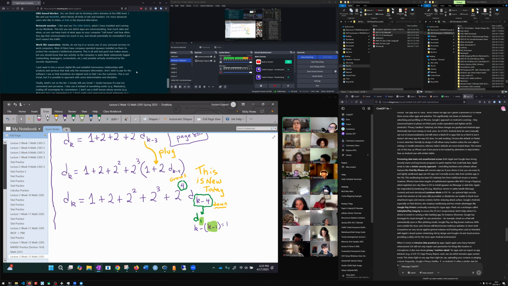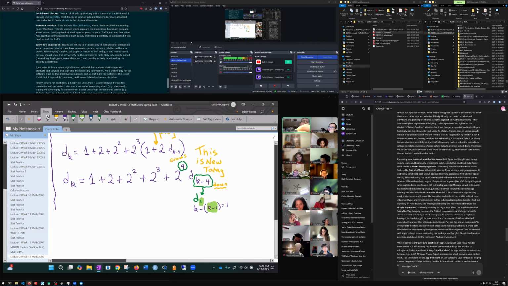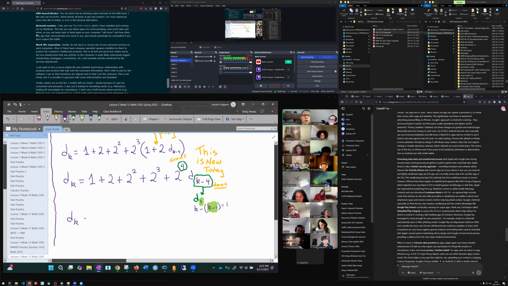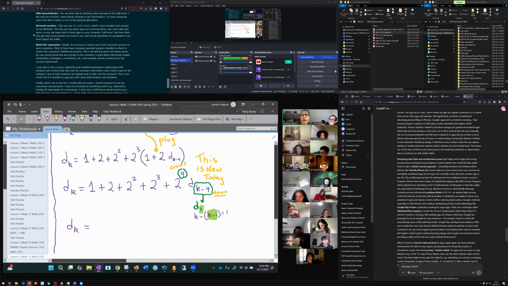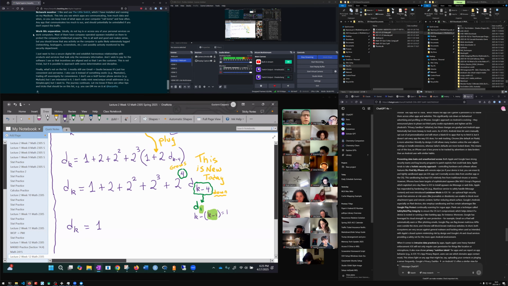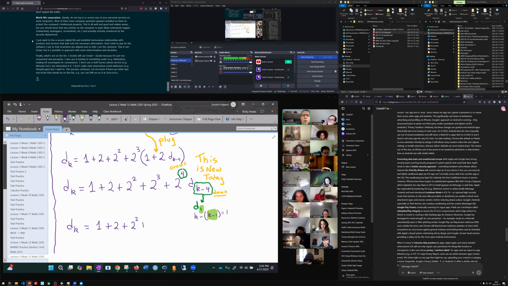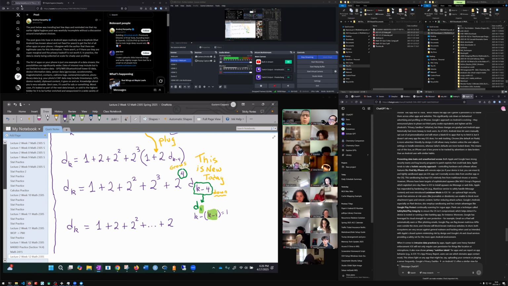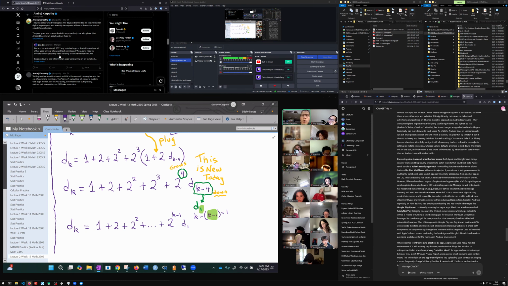Okay with that? So you're going to say, ultimately, this will happen. That's why I'm doing that analysis. This is not trivial. D_k, ultimately, so that was the analysis done. I'll get the 2 to the 0 plus the 2 plus the 2 squared, but I will go all the way to the last element, that is 2 to the K minus 1 times D1.